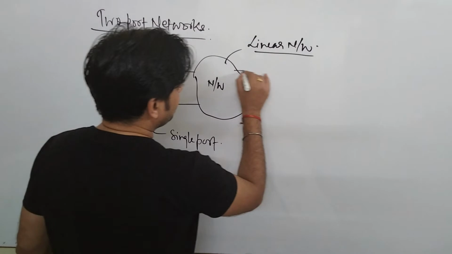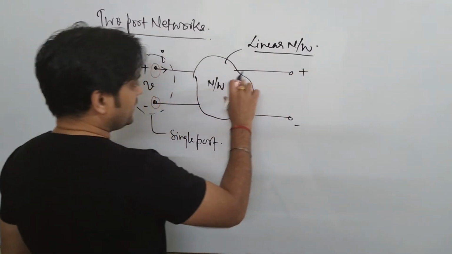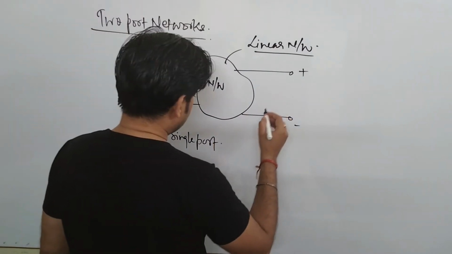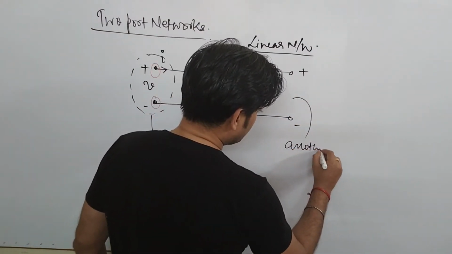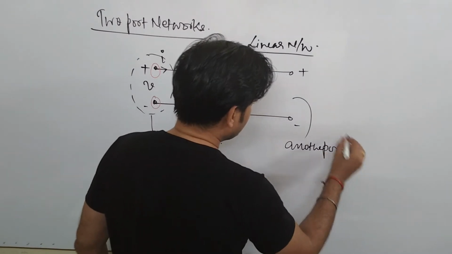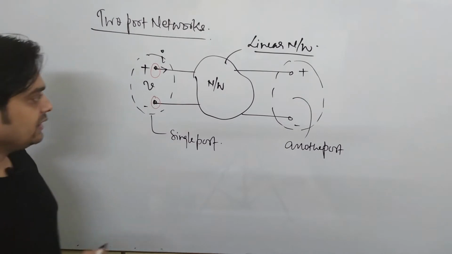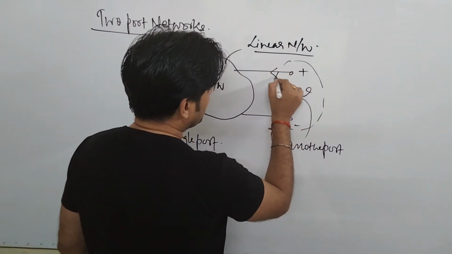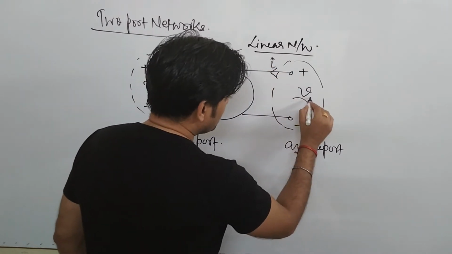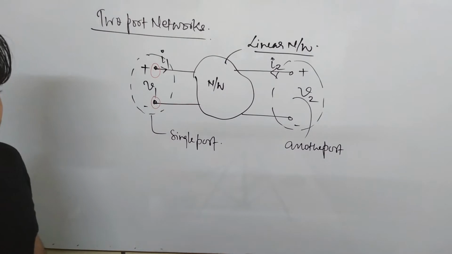But what happens if I connect two more terminals here? This is another port, and finally this will become a two-port network, in which there is some V and I here and some V and I here, or you can say V2, I2, and V1, I1.